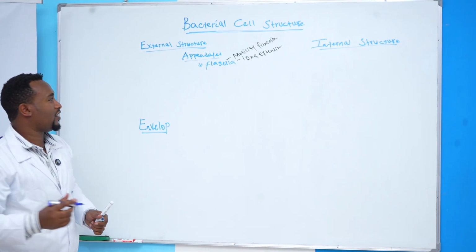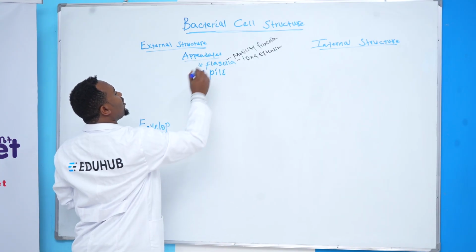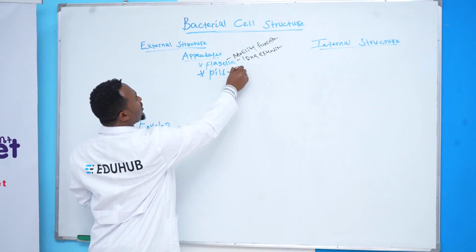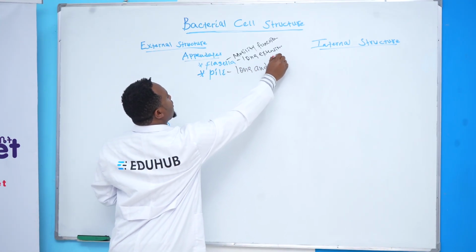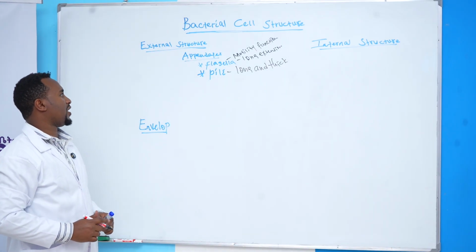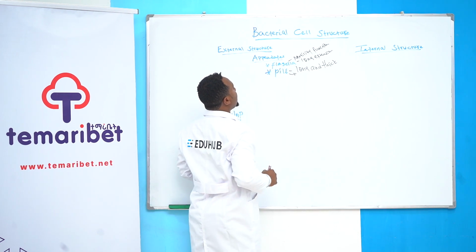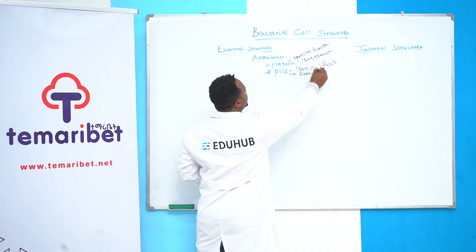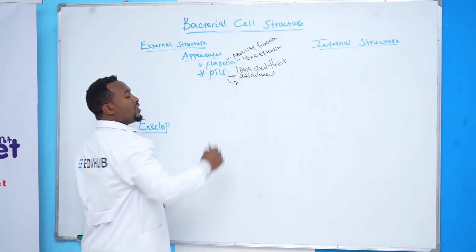The other structure is the pili. The pili is a very long and thick structure, an appendage or extension of the bacteria. The pili is very important for the bacteria in attachment to different surfaces. Sometimes the pili is important in reproduction.